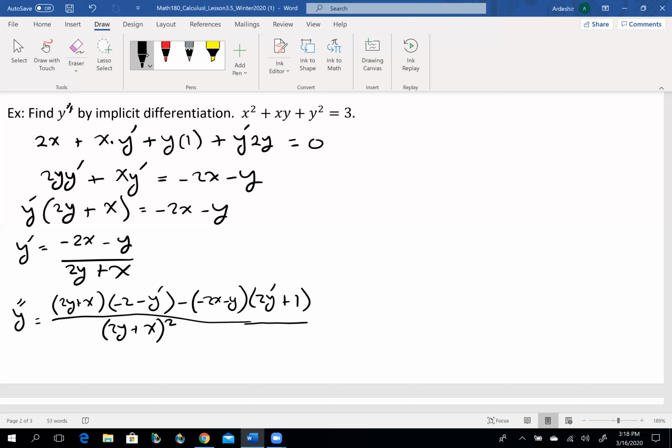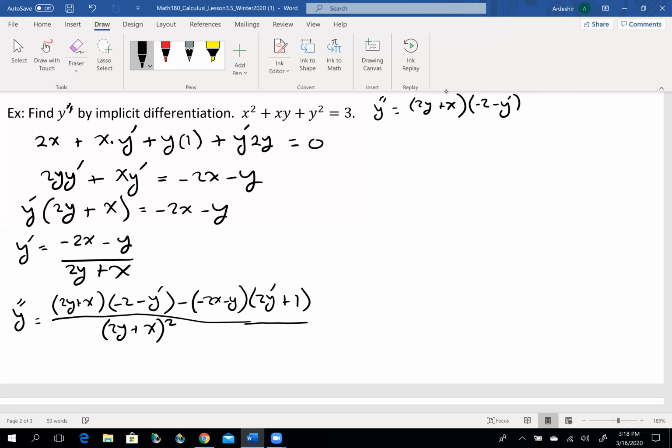Okay, now let's simplify it. So y double prime is going to be (2y plus x) times (negative 2 minus y prime), and then I'm going to distribute this negative inside of the parentheses.